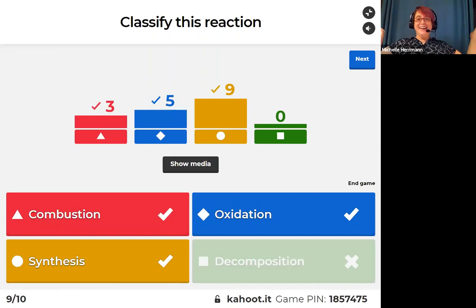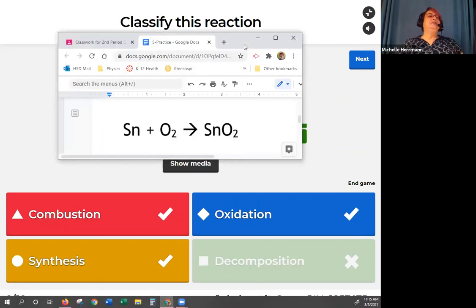Hey, look at that. There's 3 different right answers. Everybody got a right answer. Here, let me put this up here so we can take a look at why. Okay, so most accurately, this is an oxidation reaction because oxygen is one of the reactants. It's right there all by itself. However, it's also synthesis because I only have one product. I have things that are being put together to make one product.